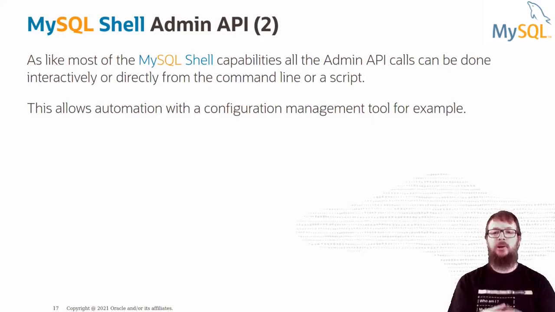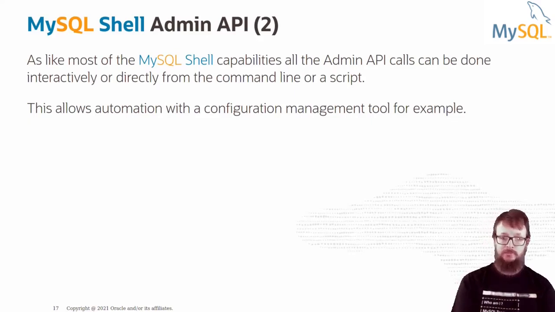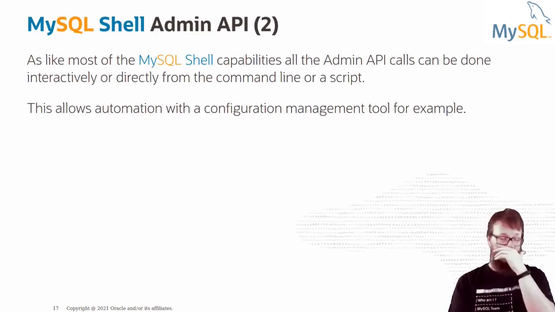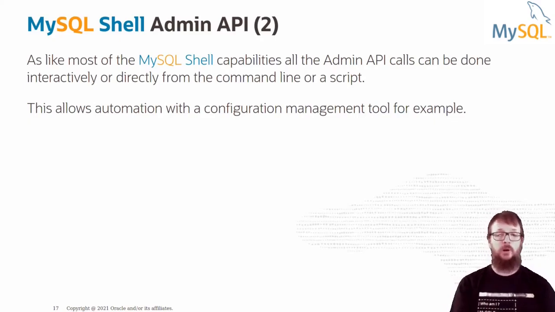MySQL Shell admin API calls can be done interactively. This is what a lot of people do, at least the first time. But you can also do it from the command line or from a script. Because of this, it's possible to use all these command line calls in a configuration management tool, for example, like Puppet, Chef, Ansible, or whatever.